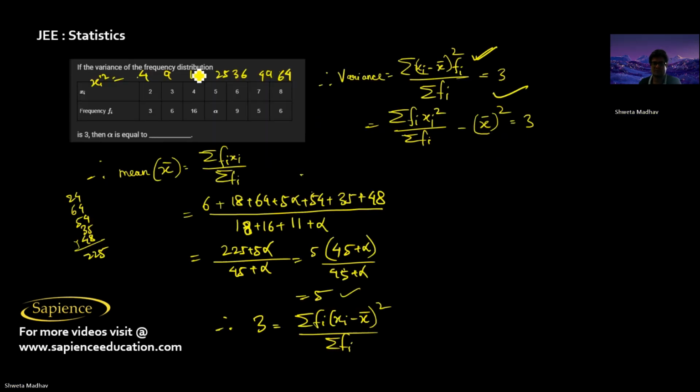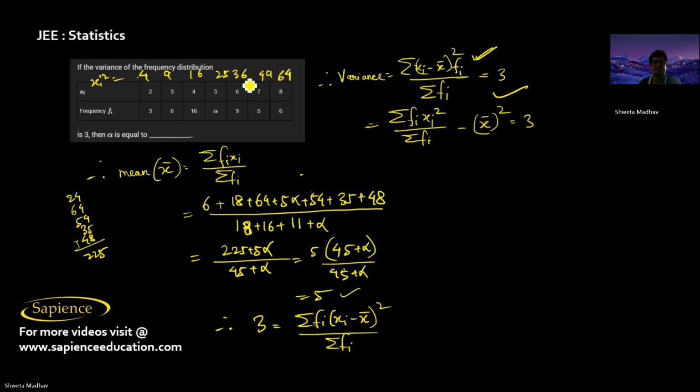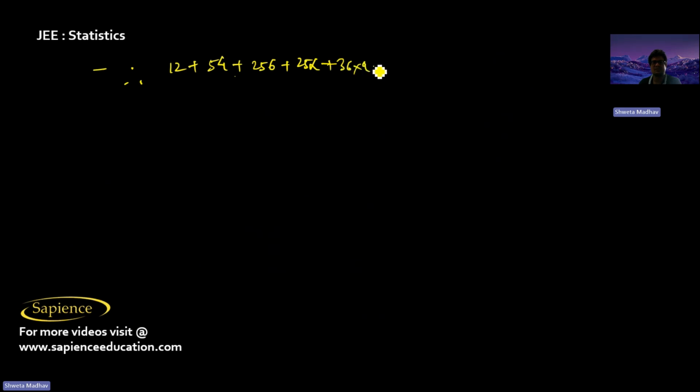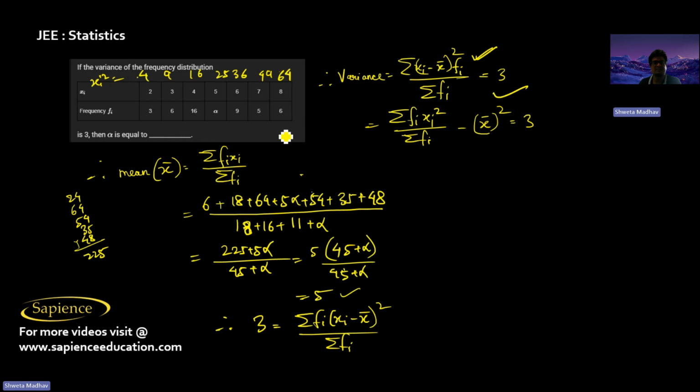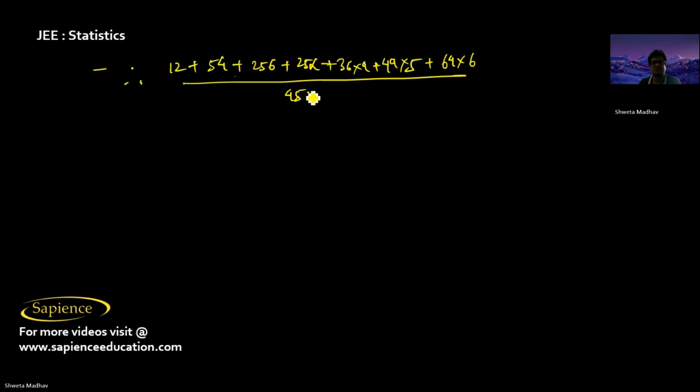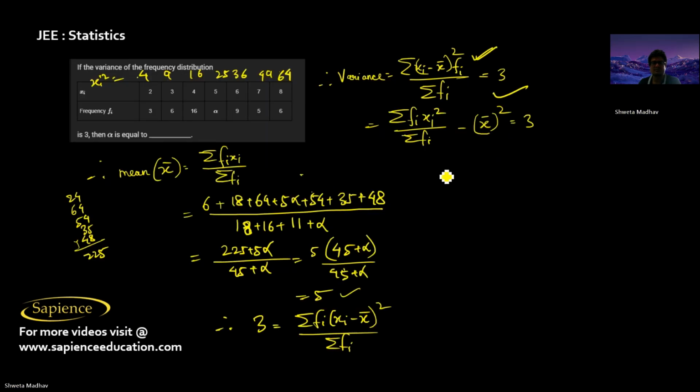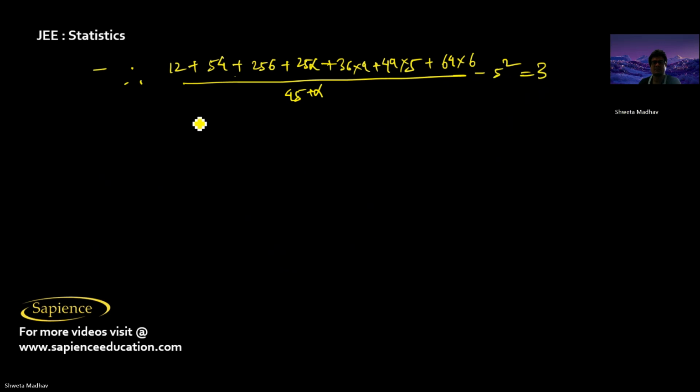So therefore, summation fi xi square will be 3 into 4, that is 12, plus 6 into 9, that is 54, plus 16 into 16, that is 256, plus this is 25 alpha, plus 36 into 9, plus 49 into 5, plus 64 into 6, divided by the sum, which is 45 plus alpha, minus 5 square, since the mean value is 5, that is equal to 3. Now alpha value we have to find out.